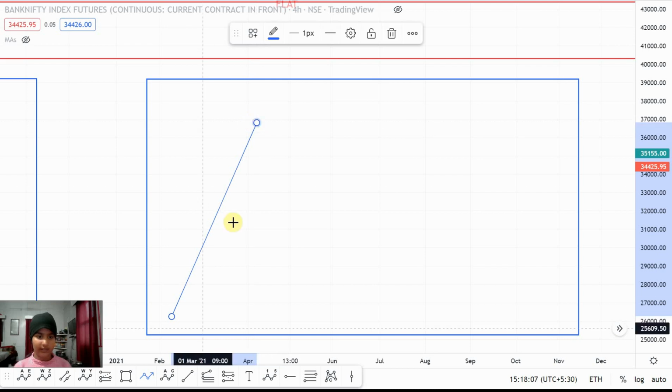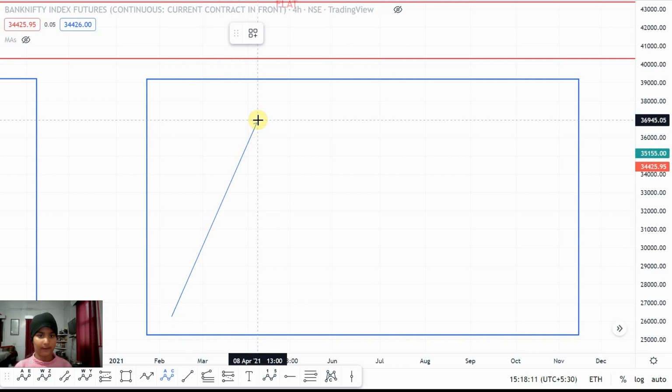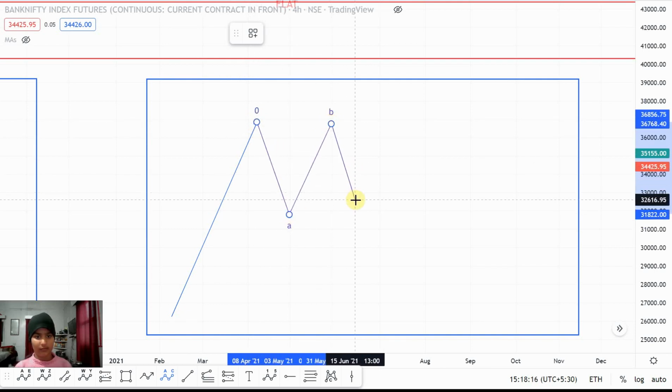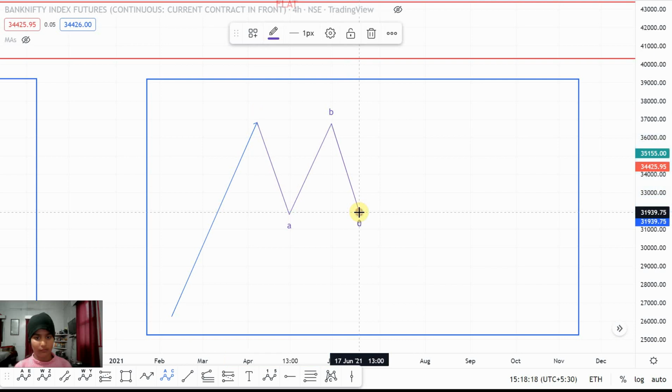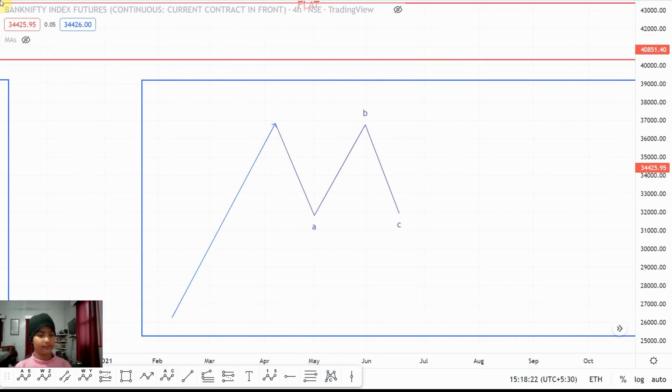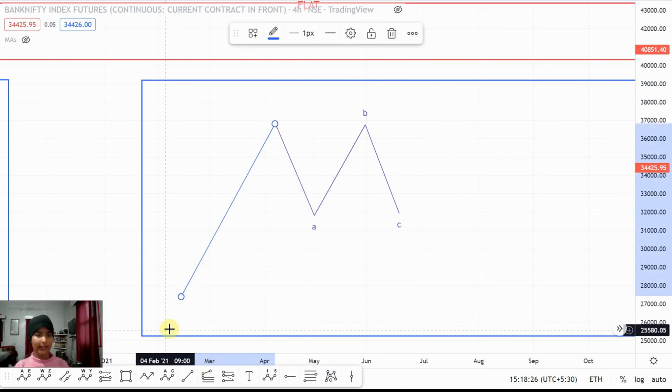Again impulse, and now this is a regular flat.